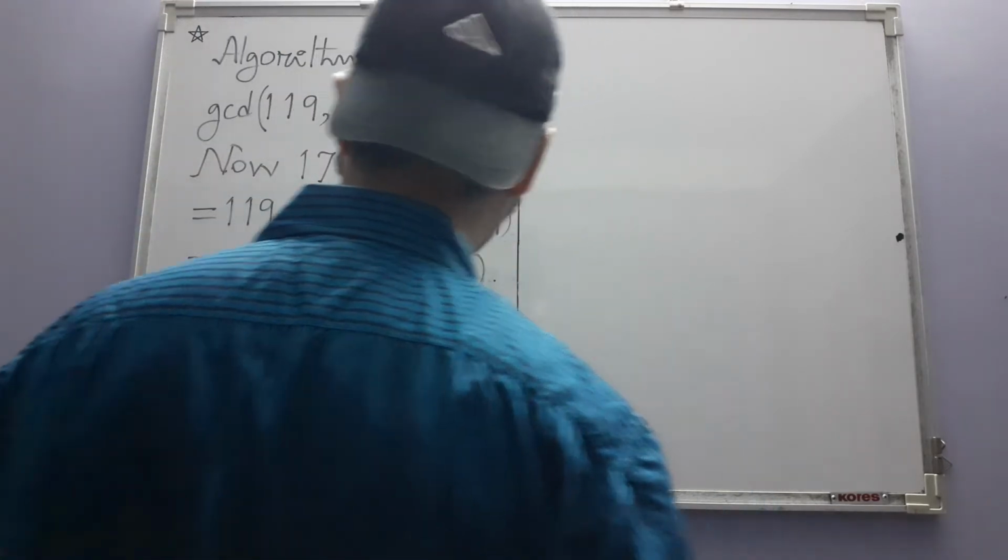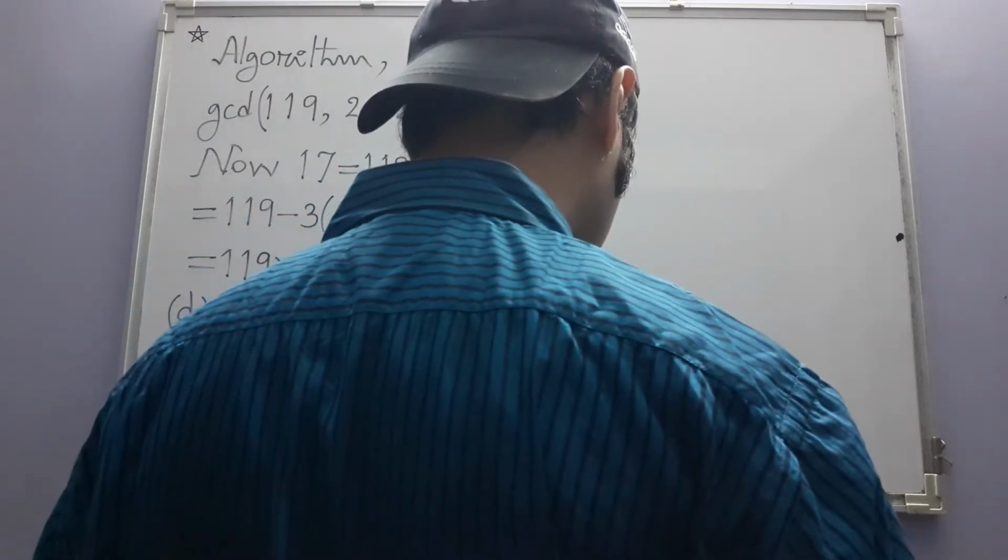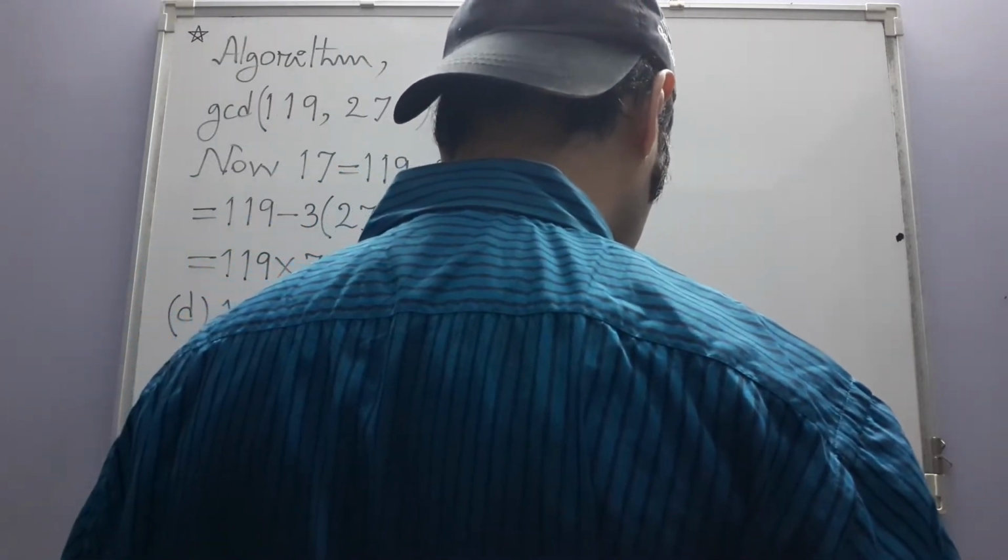Next, divide 609 by 551. Here I think the quotient is going to be 1, yes.